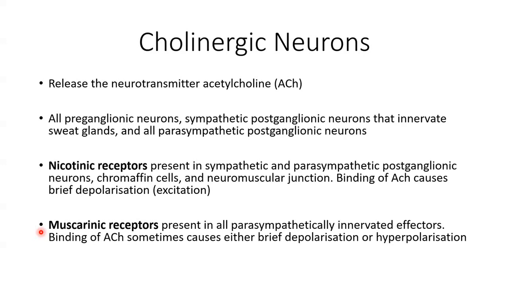Activation of these receptors by acetylcholine can also cause depolarization and therefore excitation of that postsynaptic cell, but sometimes they also cause hyperpolarization, or inhibition, of the postsynaptic cell, so it stops that action potential moving on. This just depends on the particular cell that those receptors are found on.